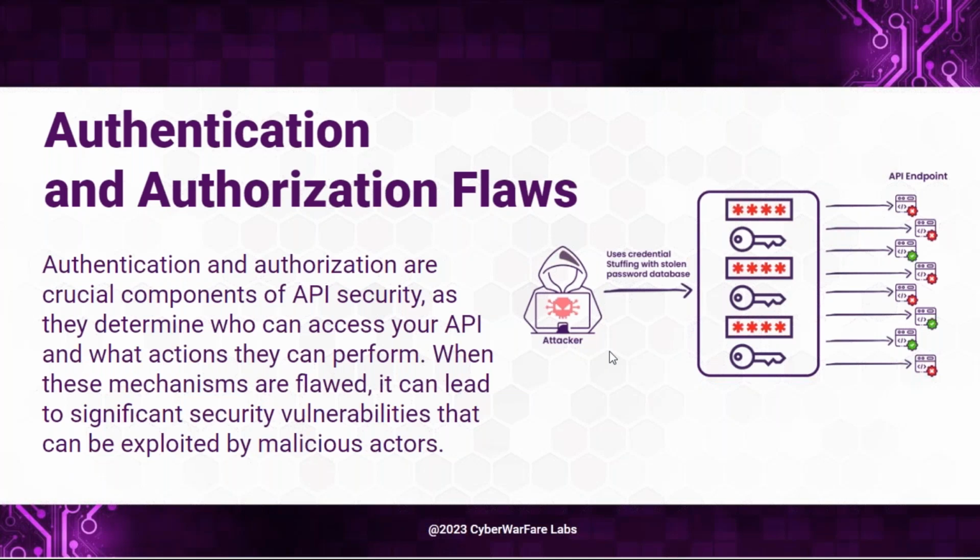When these mechanisms are flawed, like in this diagram, an attacker uses credential stuffing with a stolen password database and can gain access to endpoints that are not accessible by outsiders. So if these mechanisms are flawed, it can lead to significant security vulnerabilities that can be exploited by malicious attackers.